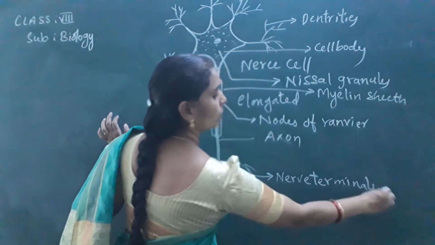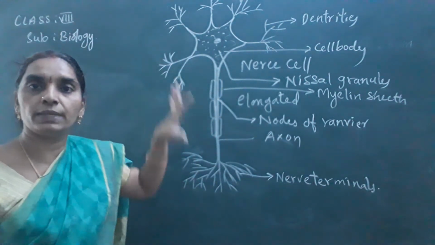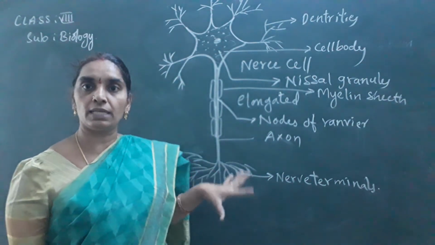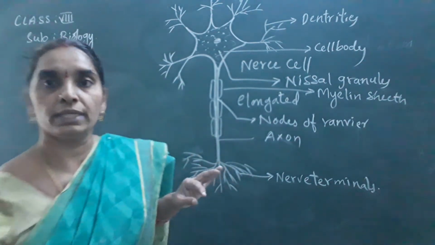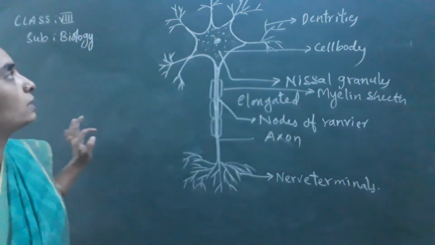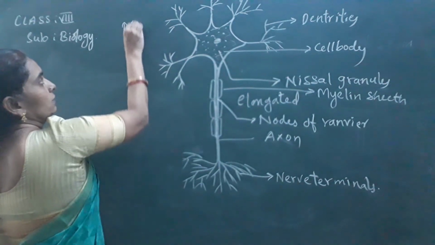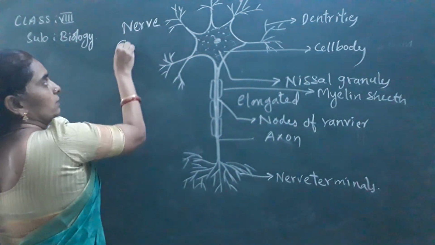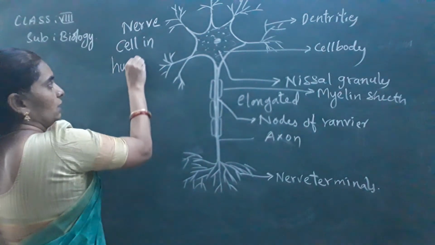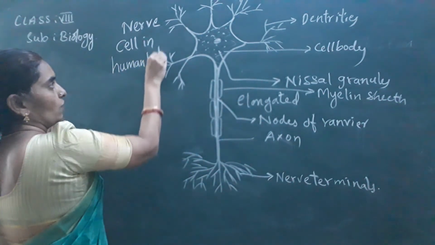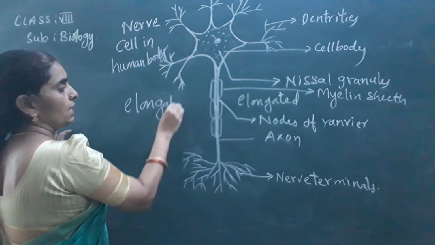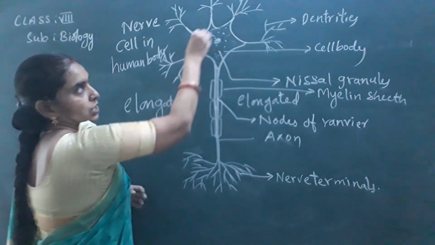In this class, you are going to understand the shape of the nerve cell in the human body. It is elongated and star-shaped.